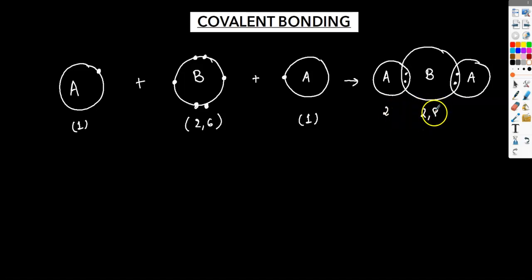Here you can see 2,8 electronic configuration for B, and here again 2 electronic configuration for A. Now they are fully filled and stable. So here you can see 2 single covalent bonds are formed by mutual sharing of electrons. In this way covalent bond formation takes place.